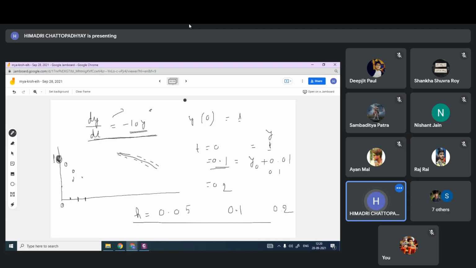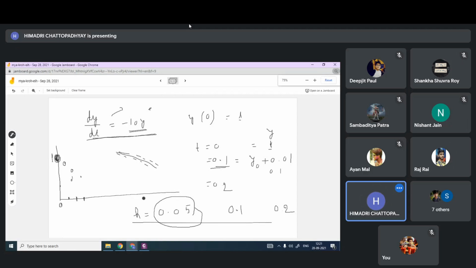So you'll see that the smaller the value of h, the closer it is to the actual solution. Okay. So how many decimals for h? You can actually use 4 decimals, and you have to plot from 0 to 3. So up to 3 you have to plot.